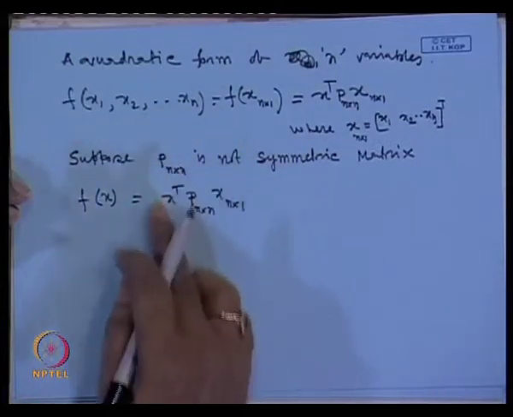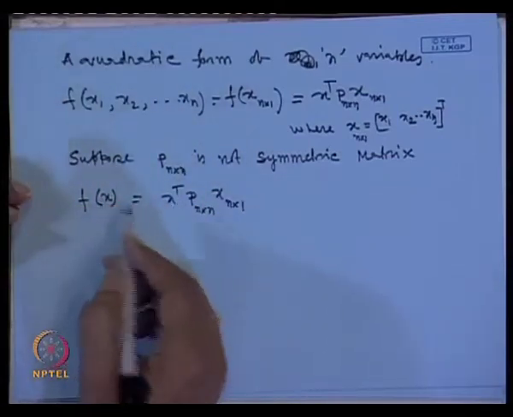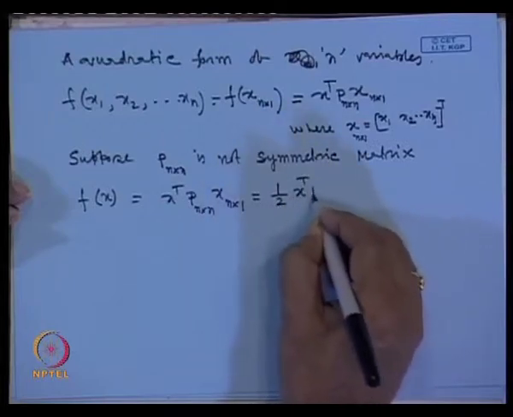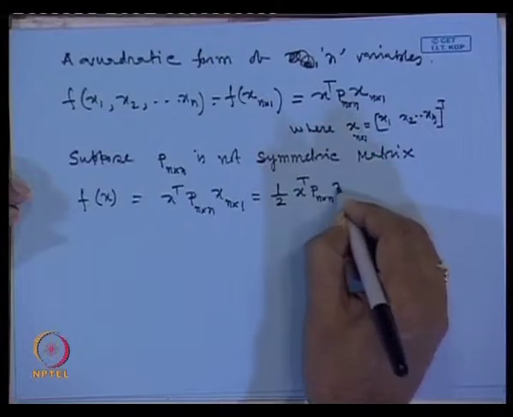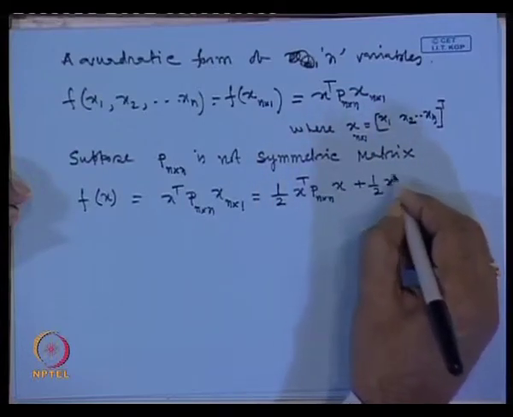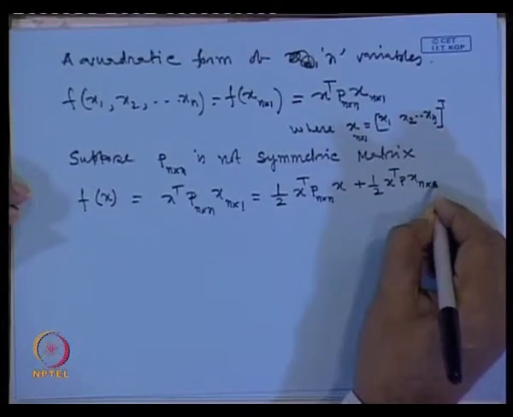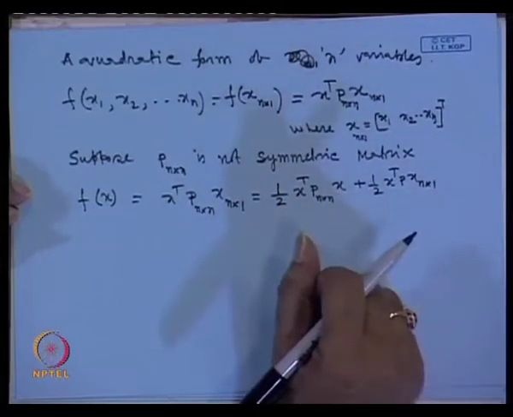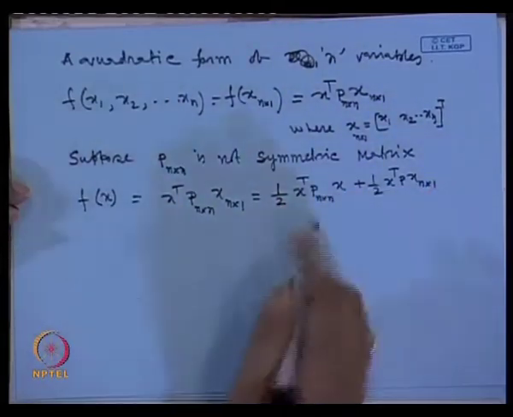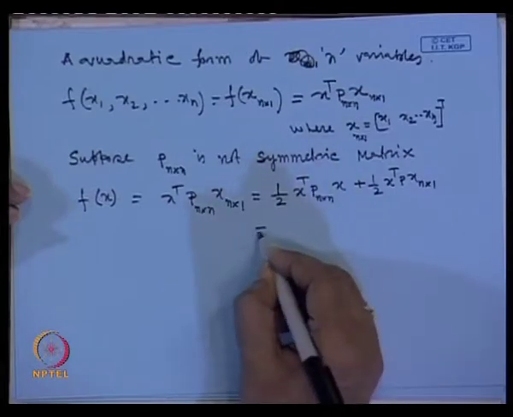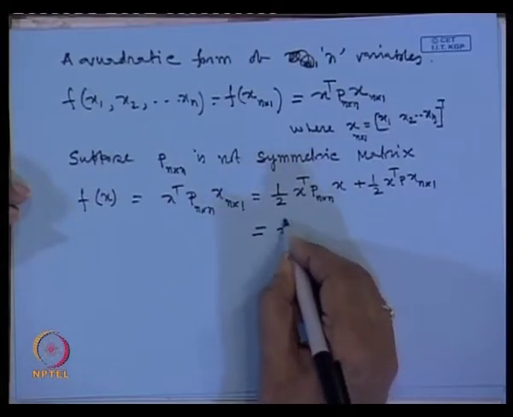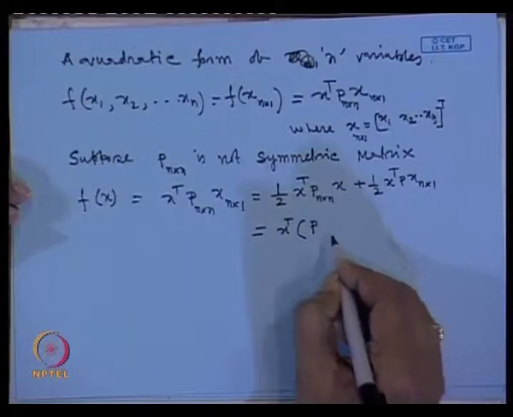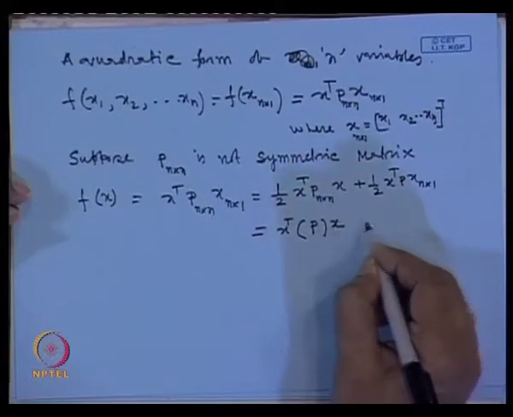And look at this expression, this is a scalar quantity, the function is a scalar quantity. So, I can always write, there is no harm, half x transpose P x plus half x transpose P x, because suppose this constant is 10, I can put 5 here and 5 here. Ultimately it is a scalar.